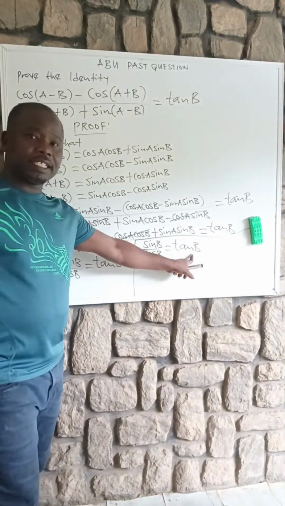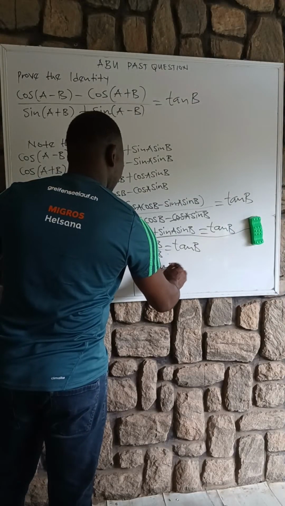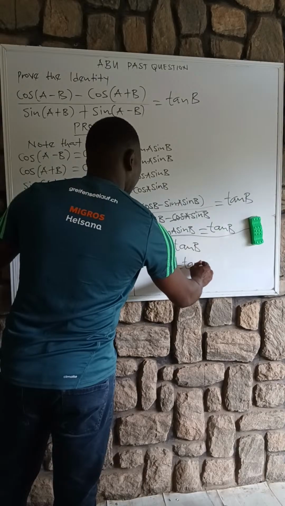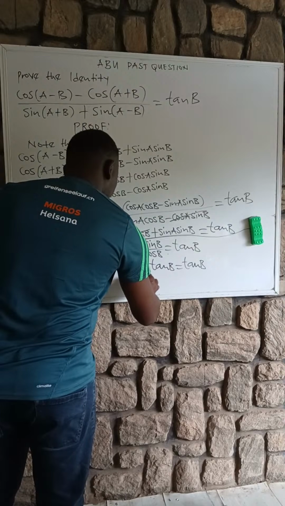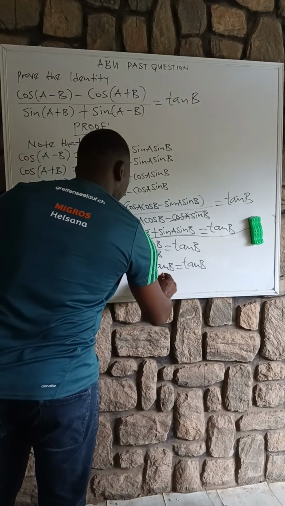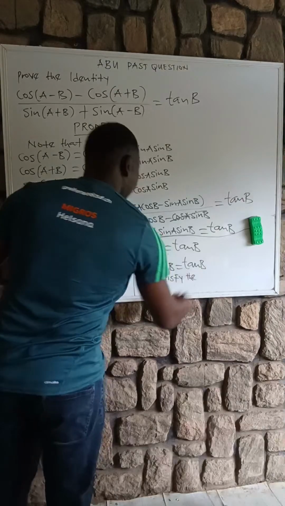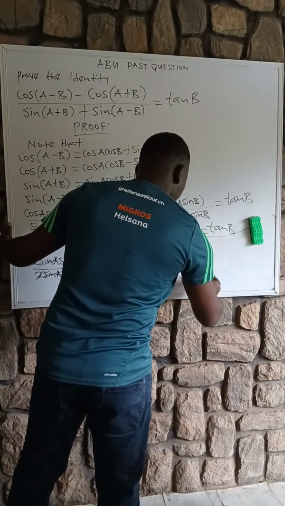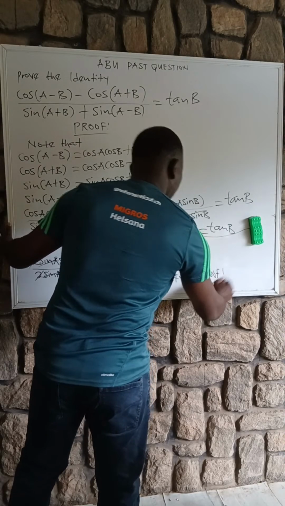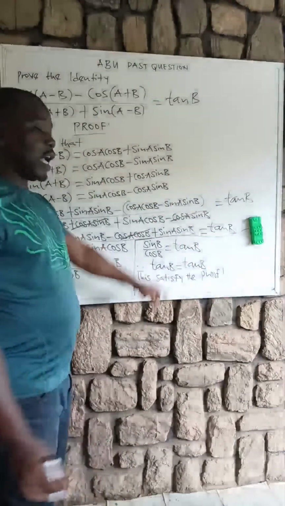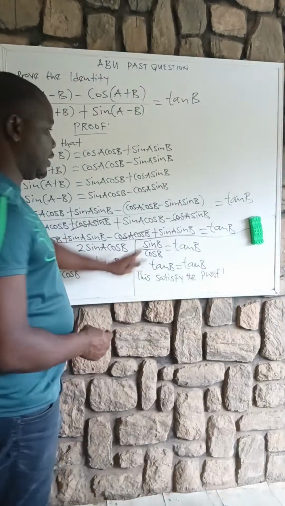This is the same thing as this. So therefore, our tan B equals tan B, and this satisfies the proof. This is how you are supposed to consider identities of this kind.